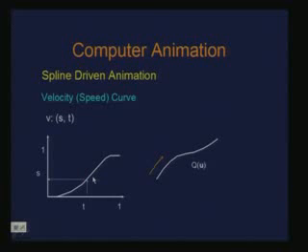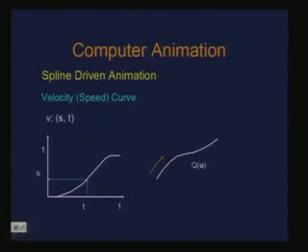Right. So splines can be used not only to give you a spatial path, they can also give you the speed path or speed curve. Okay, so these are some of the applications we can think of for splines, other than just doing an interpolation of the keyframes.